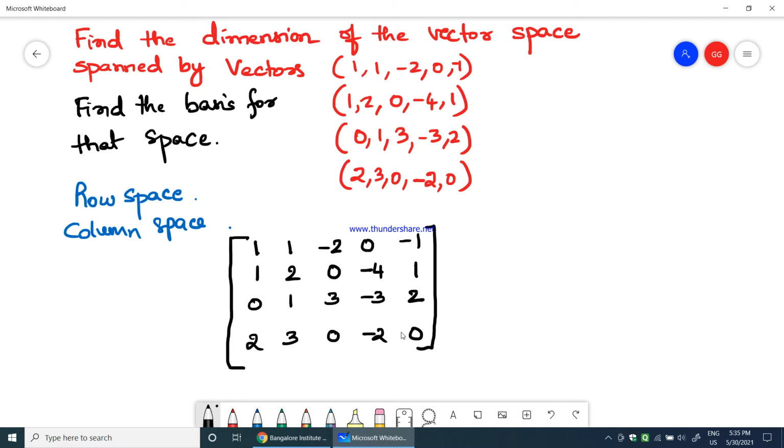Now we need to apply the Gauss-Jordan elimination method to find the reduced echelon form of this particular matrix. The basis or the dimension will be found when you have the matrix in its simplest form, and that simplest form is nothing but the reduced echelon form matrix.